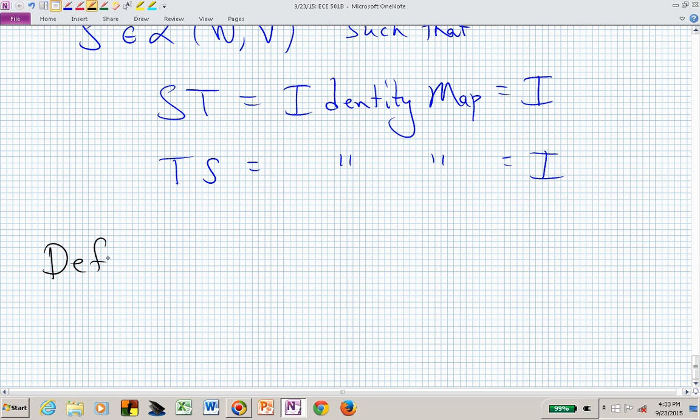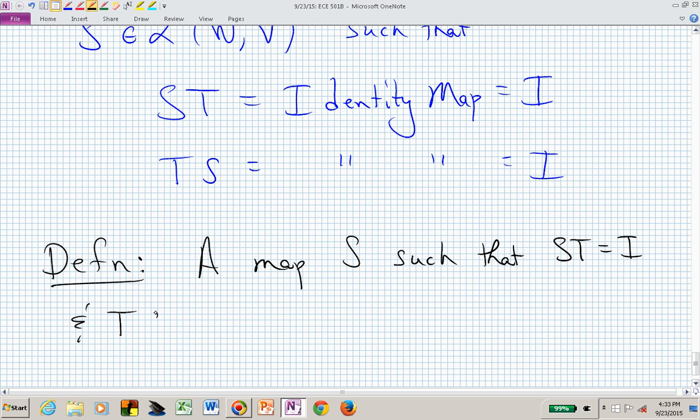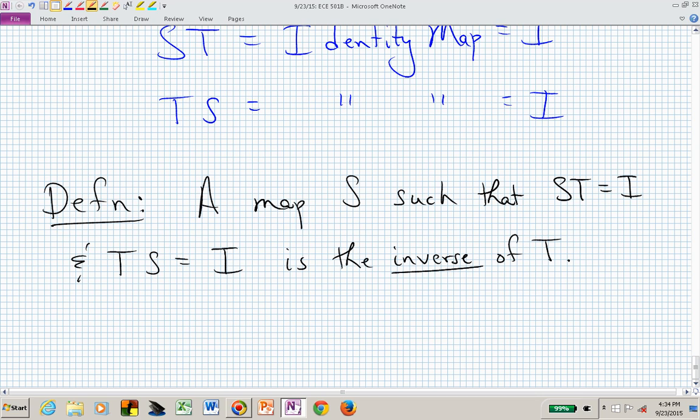We can then create a definition from that statement, a map S such that ST equals the identity map and TS equals the identity map is the inverse of T. That's our definition of the inverse.